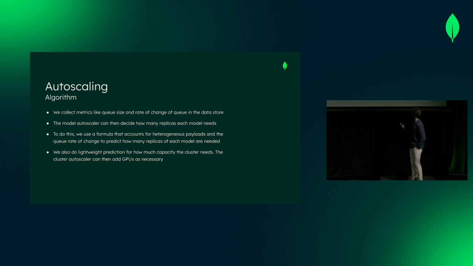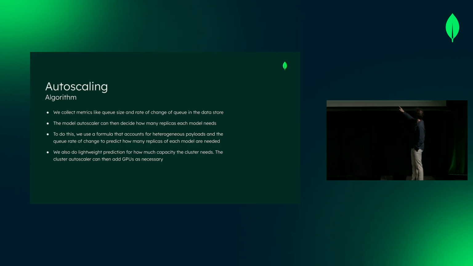So the algorithm accounts for the in rate, the out rate, and the backlog, and then makes a prediction about how long it will take to process those heterogeneous payloads, and how many replicas each model will need to process its queue backlog. It has to be intelligent just because the models are all sharing the same hardware, so we have to make sure that we do that properly and safely.